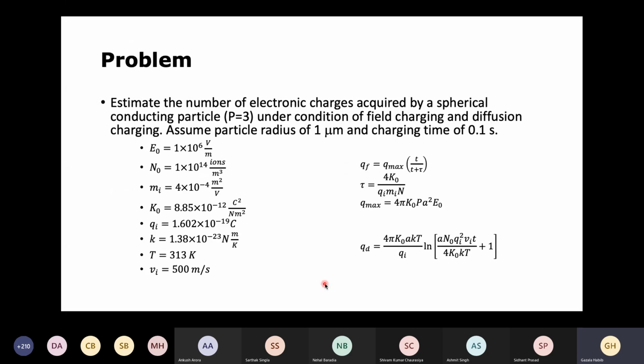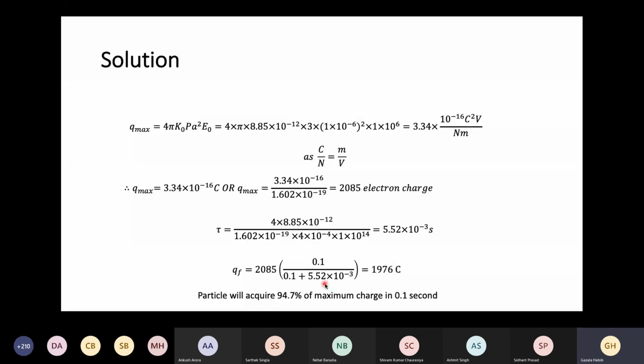This example will fully clarify how to put the values. I ask you to go through the unit balance to understand which term you need to put the value in, because units might be different in your problem, so you have to be careful about the units.